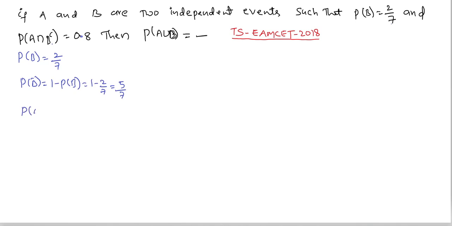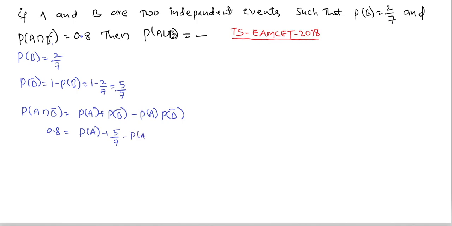And P of A intersection B bar, here A and B are independent events, that is P of A into P of B bar. P of A intersection B bar is 0.8, that is P of A into 5 by 7.